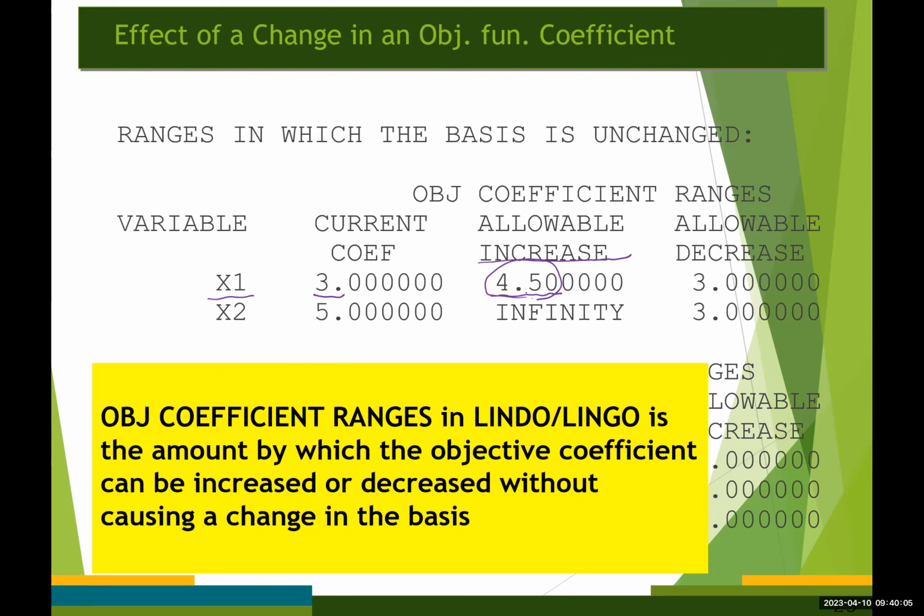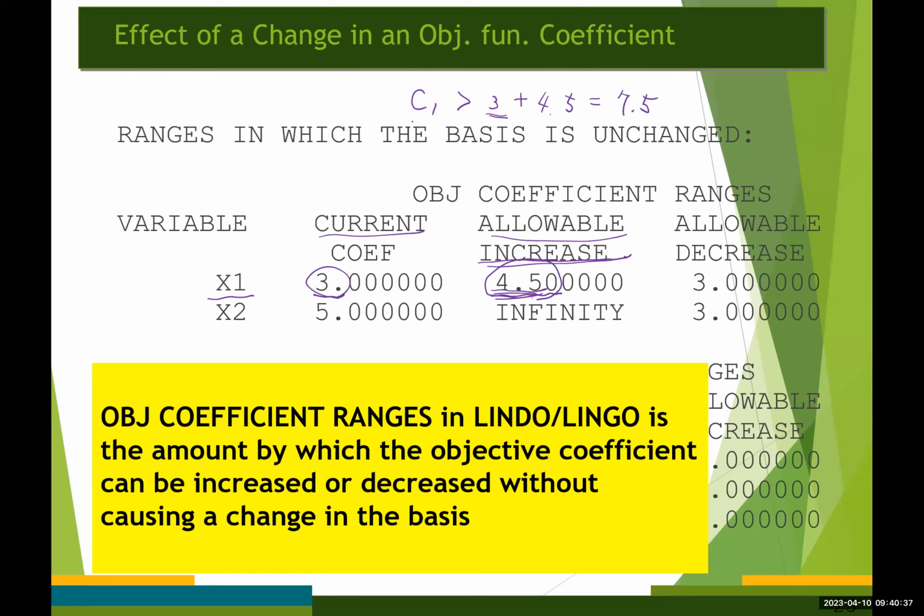So if C1 becomes greater than the current value, which is 3 here, plus 4.5, that is the allowable increase limit, right? So how much is that? 7.5.